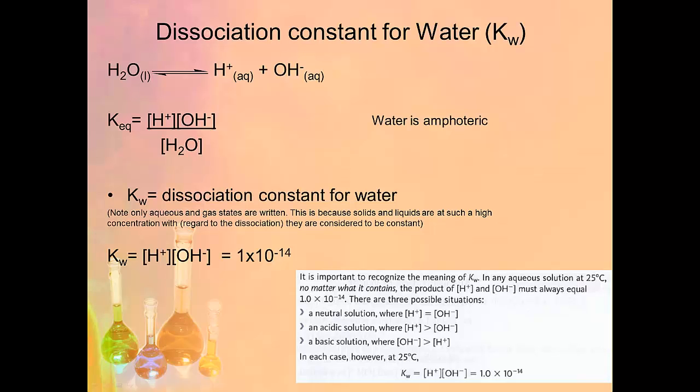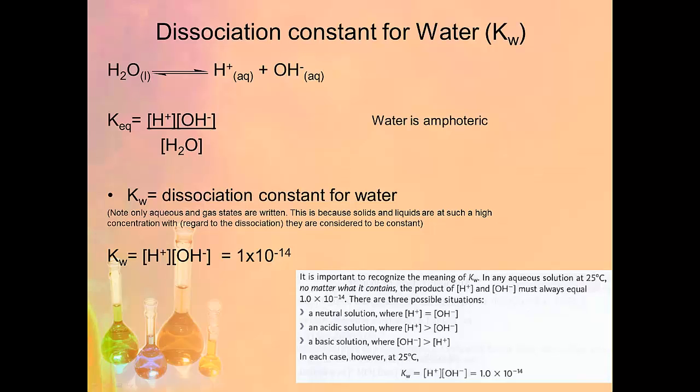And we can take this relationship and find a K value, same way as we always do, and that turns out to be 1 by 10 to the minus 14. So it's a very low number. Obviously what this is telling us is that water doesn't spend a whole lot of its time being dissociated, but it does spend a small amount of time.